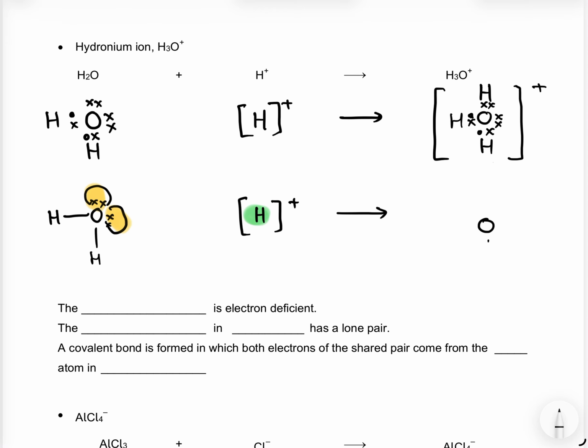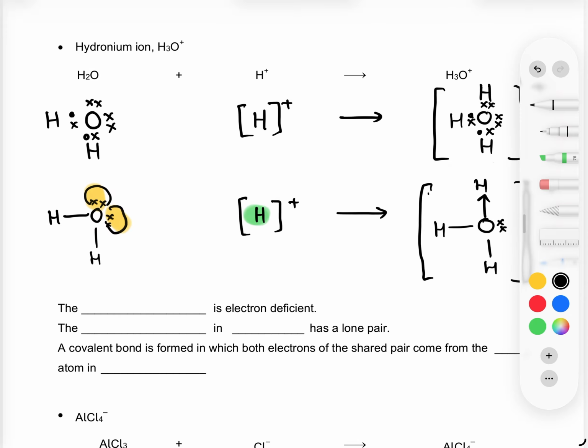So we've got an oxygen with 2 covalent bonds and 1 coordinate bond, still a lone pair, and the whole thing is now charged. So we had the electron deficient atom here, the atom with the lone pair here, and our coordinate bond has formed here.